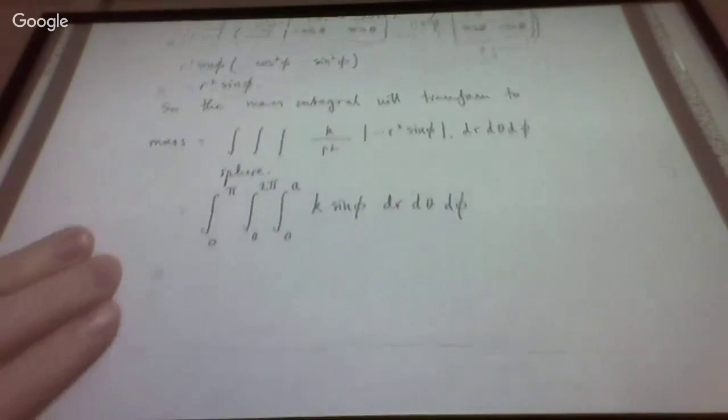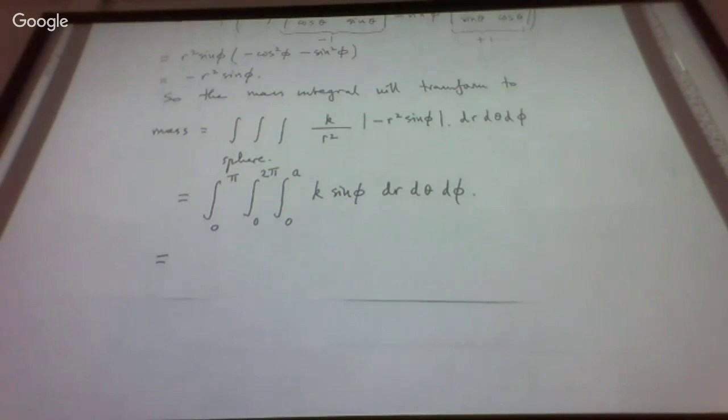So we can now continue to evaluate this, and I don't need my absolute value signs anymore. Well, because I'm on this interval between 0 and pi, sine of phi is always positive. So my absolute value of minus sine phi now just becomes sine phi.